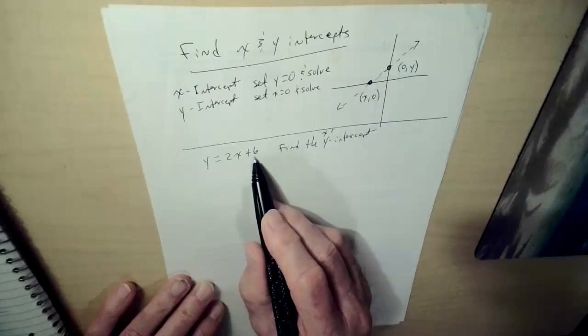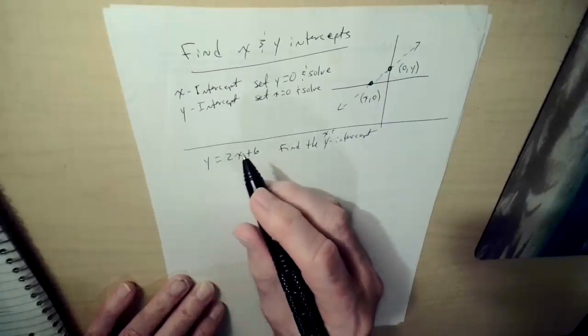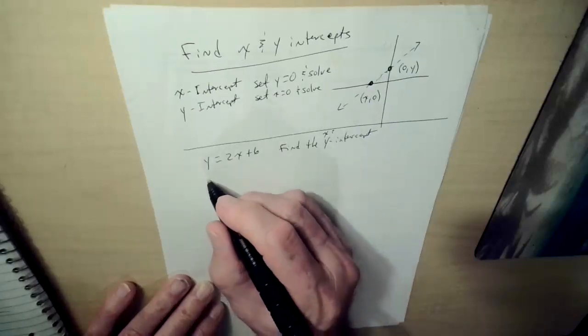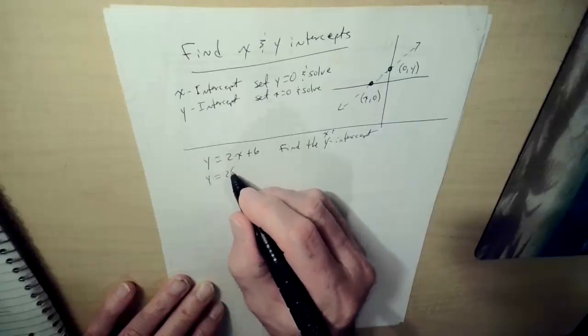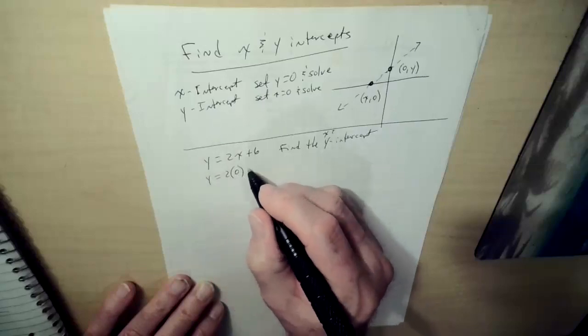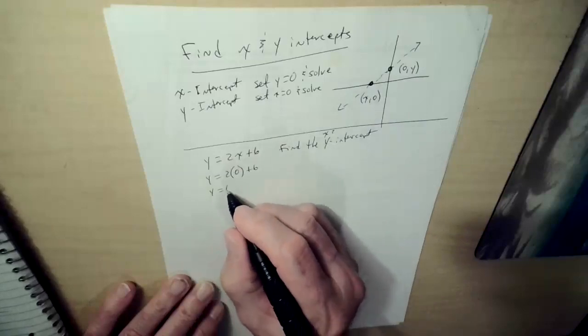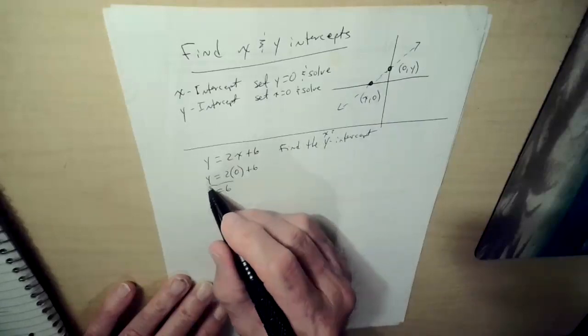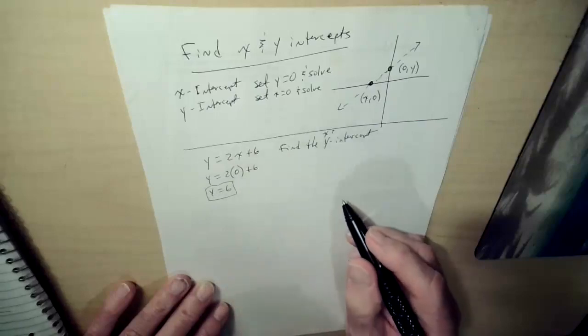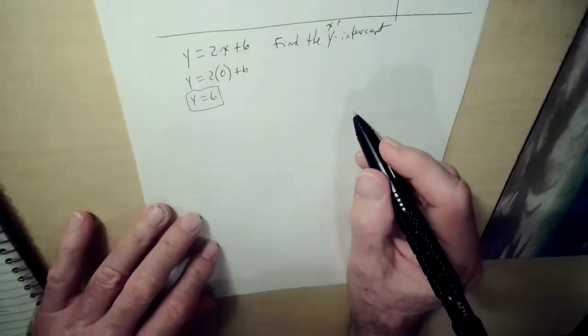To find the y-intercept, we already know what it is. It's 6, right? So to find the y-intercept, we set x equal to 0 and solve the equation. So y is 6.